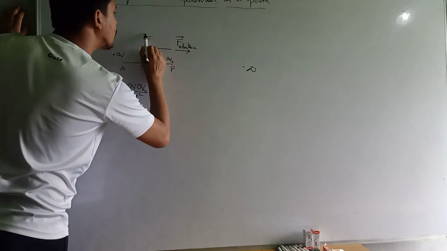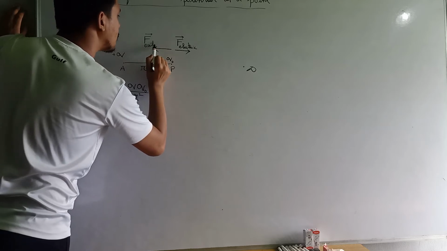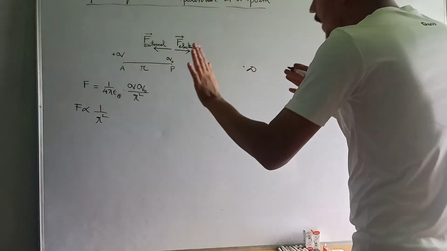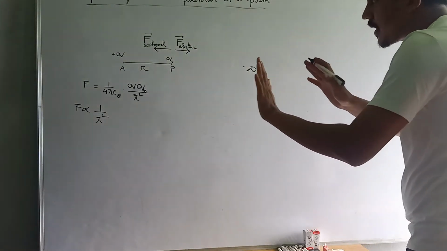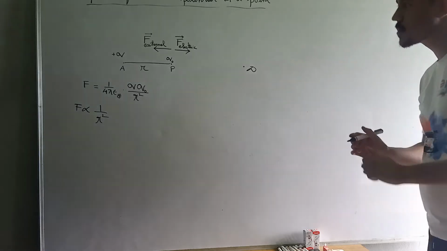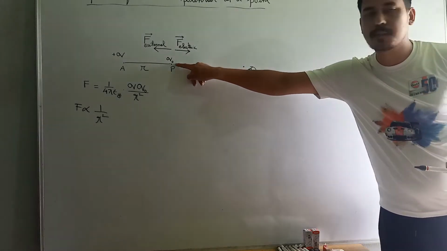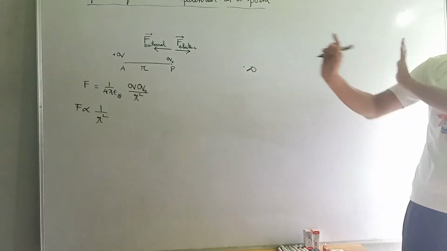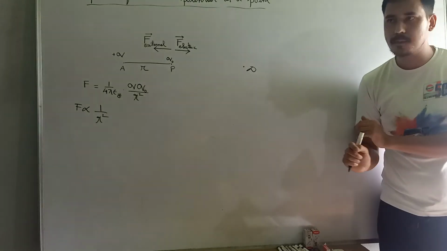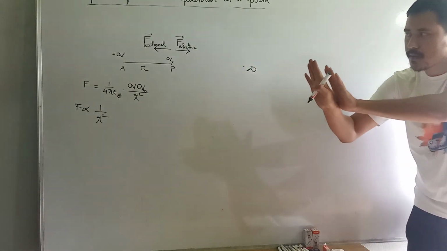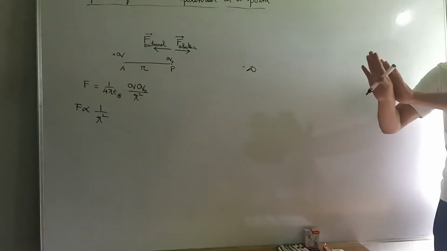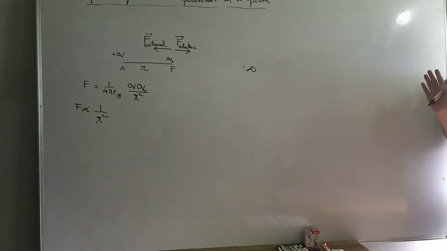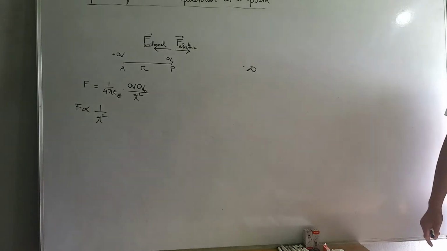Some external force has to be applied against this electric force, equal and opposite to it, so that this Q naught will be in equilibrium. If you apply equal and opposite force, Q naught will be in equilibrium. In that case, you can bring this Q naught without changing the speed, without change in kinetic energy, from P to infinity. Are you getting me?